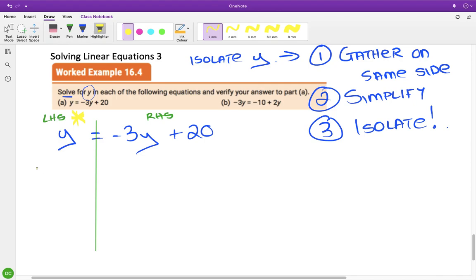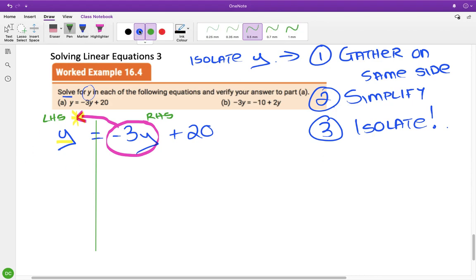So this one here is already on the left hand side, so it's absolutely fine. But this one is not. I don't want this one to be on the right hand side. I want it to be over here with the other one on the left hand side. So I want to get rid of it from the right hand side and put it on the left.